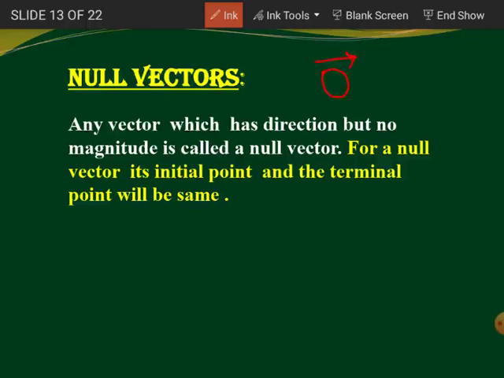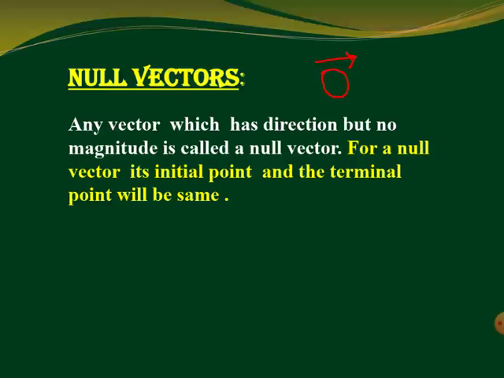It means that it will have zero magnitude, but the direction may be arbitrary. We can't say that this zero vector is pointing in a particular definite direction. So a vector whose magnitude is equal to 0, we call that type of vector a null vector.